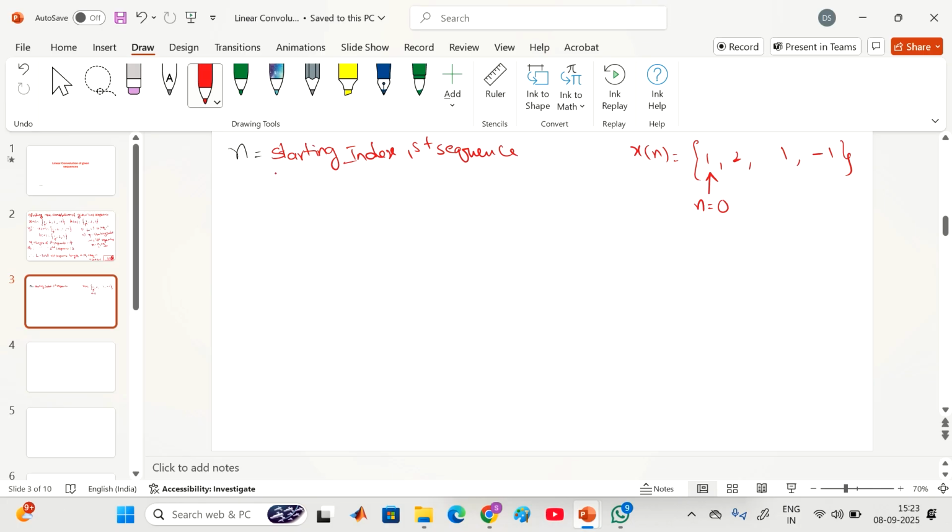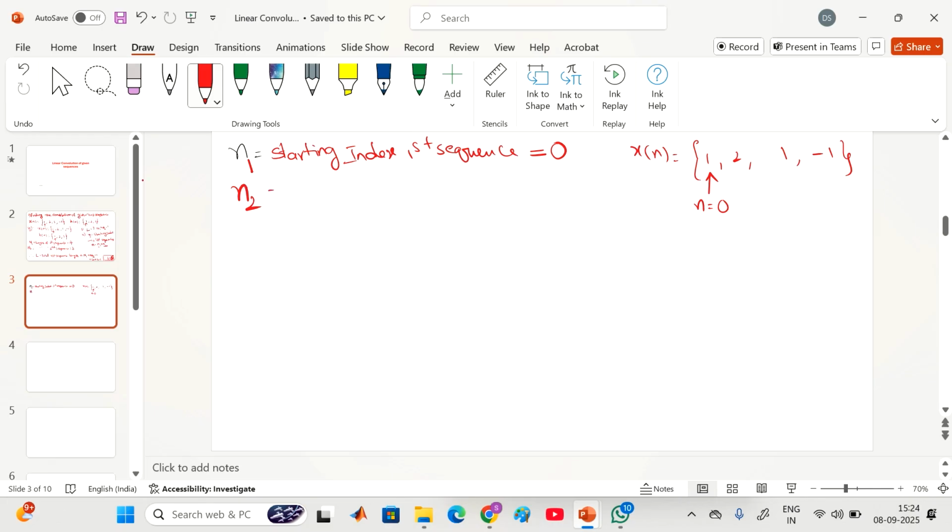Suppose instead of having the arrow mark here, I have an arrow mark here, then n is minus 2, minus 1, n is equal to 0. Then what is the starting index? Minus 2 is the starting index. But in this case, the starting n value is 0. So n1 is equal to the starting index value for the first sequence, which is equal to 0.